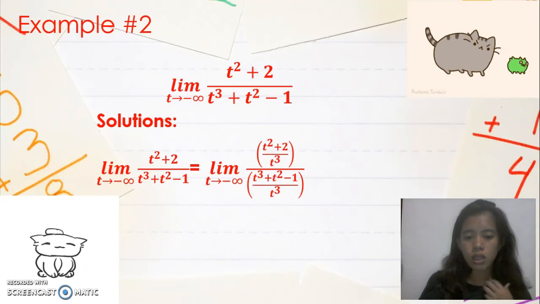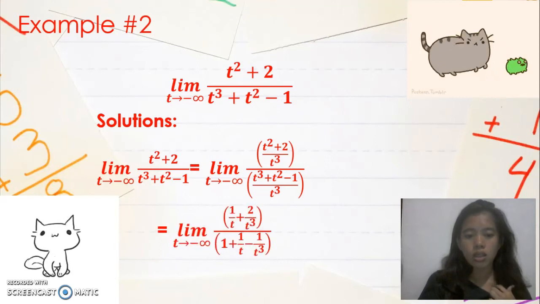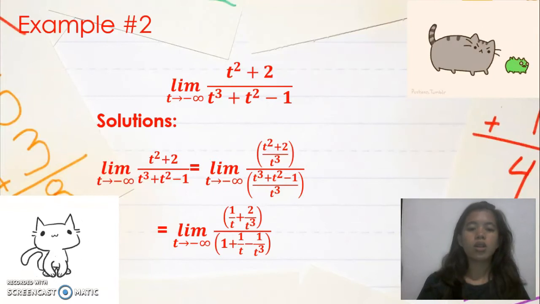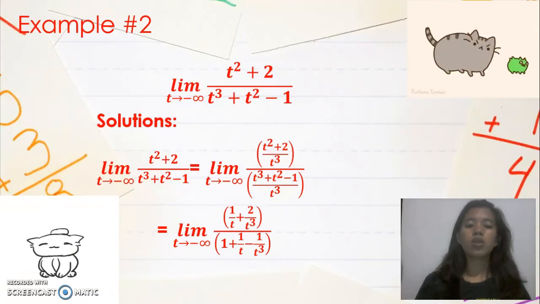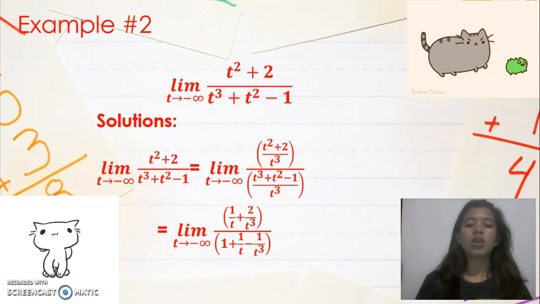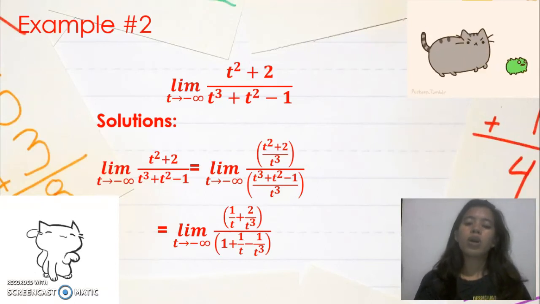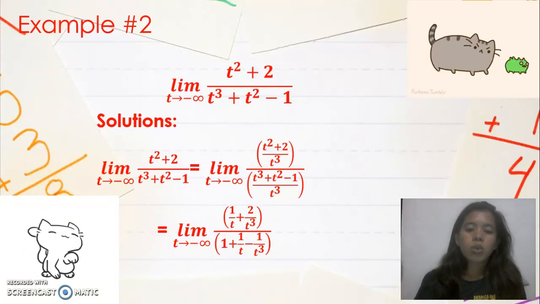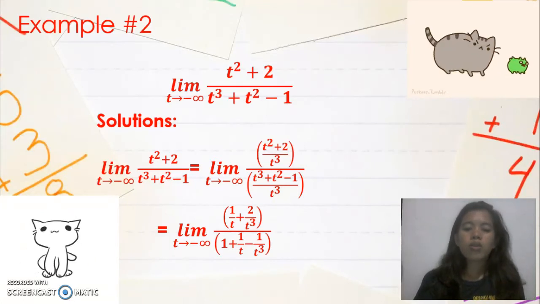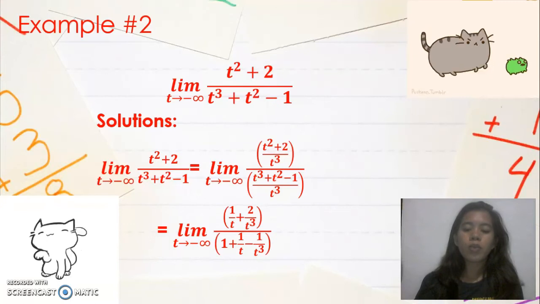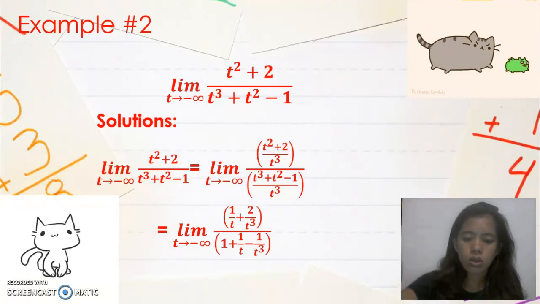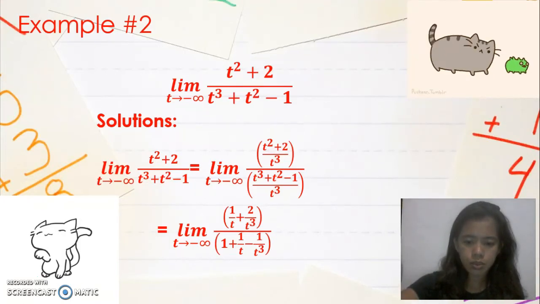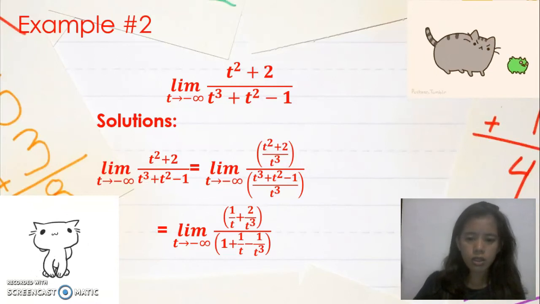So the answer is the limit of (1 over t plus 2 over t cubed) all over (1 plus 1 over t minus 1 over t cubed). So, just simplify.